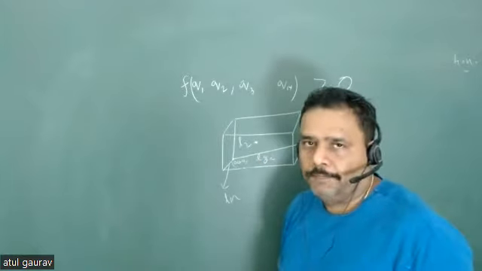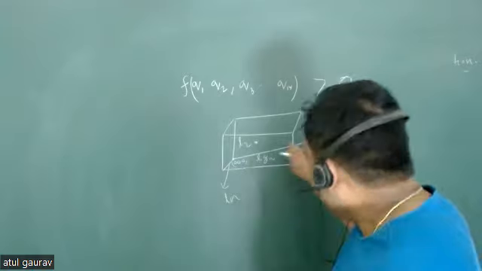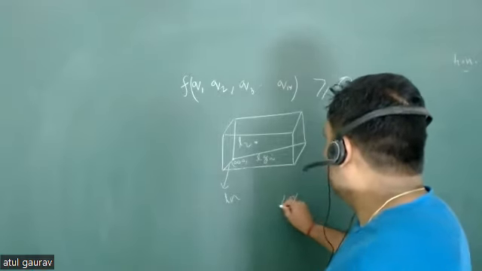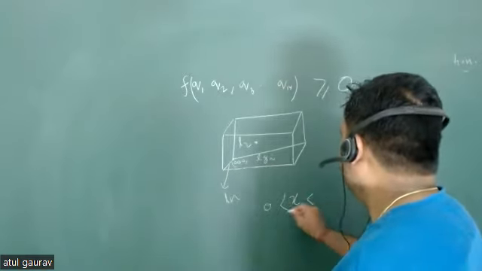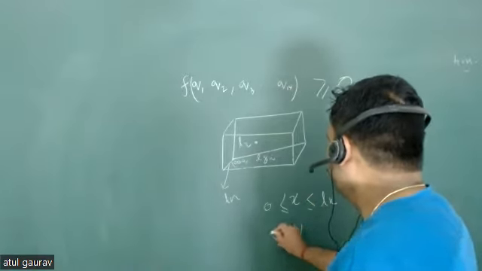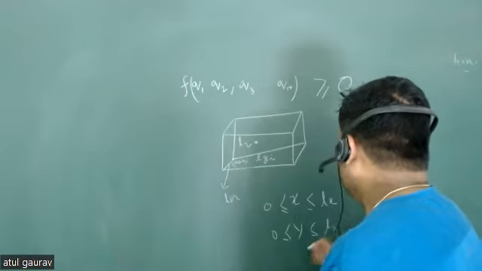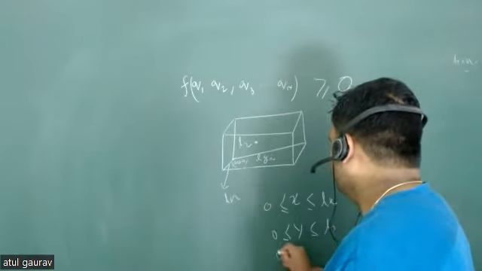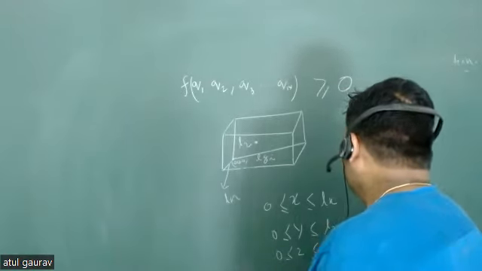Then what can you say? You can say that x can be varied from 0 to Lx. Y can be varied from 0 to Ly, and Z can be varied from 0 to Lz.